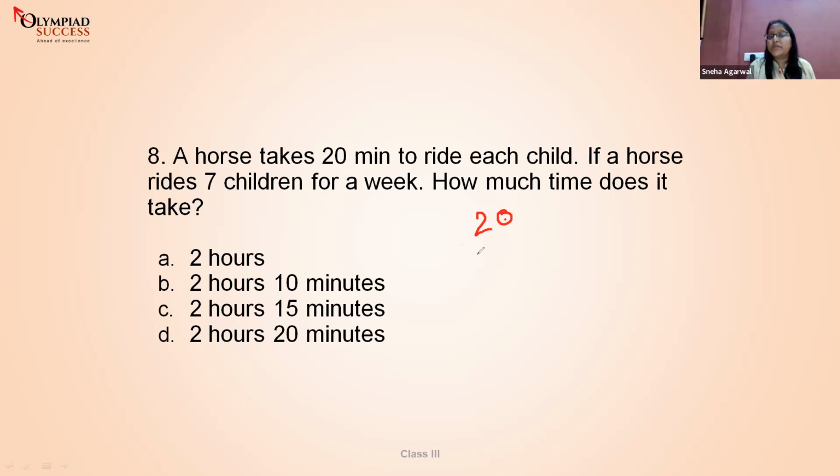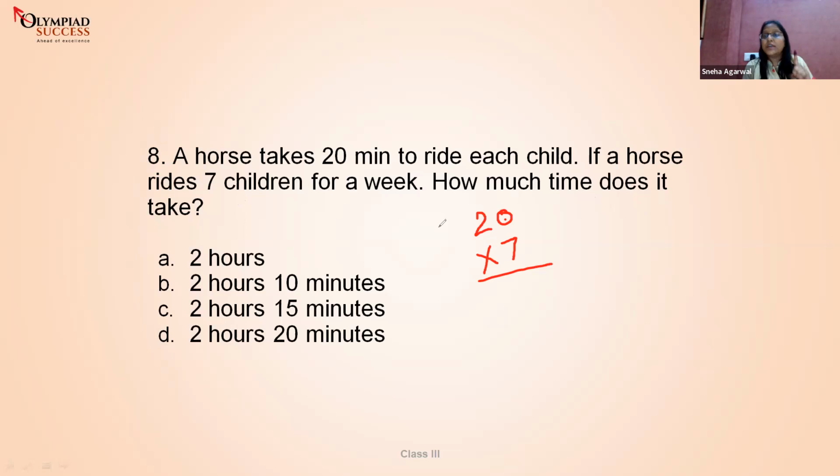Yes, so I will definitely be multiplying this for 7 children because they are asking for 7 children. They are increasing the number of children. So definitely we will be multiplying. When you decrease, you divide. But when you increase, you multiply. So here they are increasing the number of children.